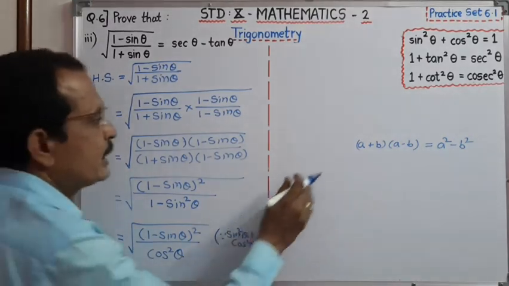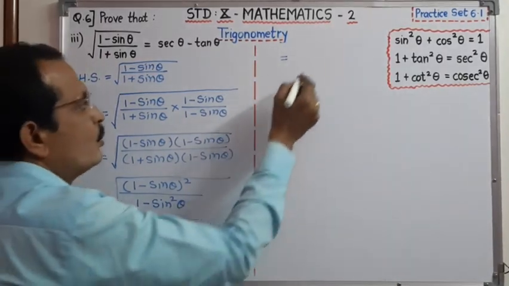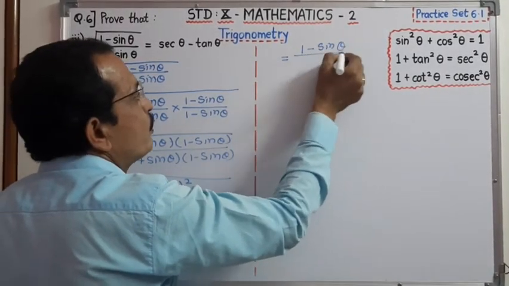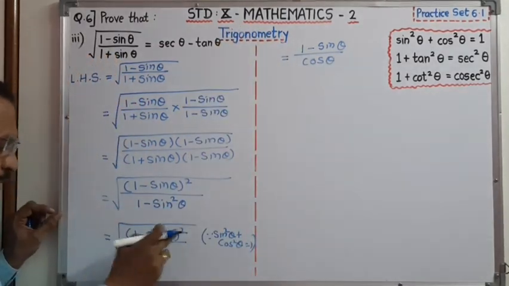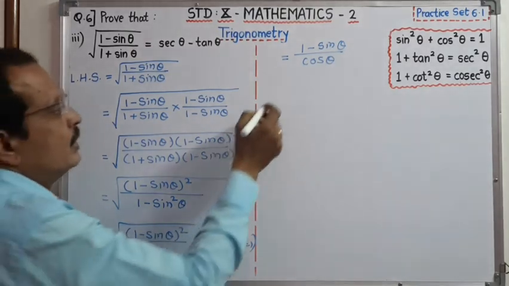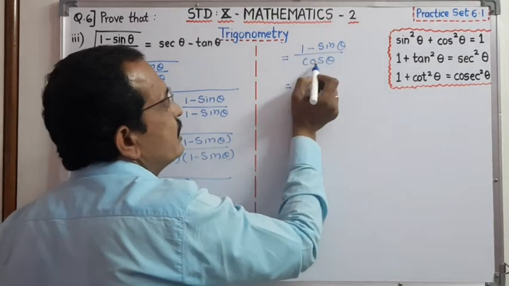Now, dear student, taking square root, we get here LHS is equal to 1 minus sin theta upon cos theta. Got it? We take out the square root, 1 minus sin theta upon cos theta. Then, dear student, LHS is equal to this 1 minus sin theta upon cos theta.